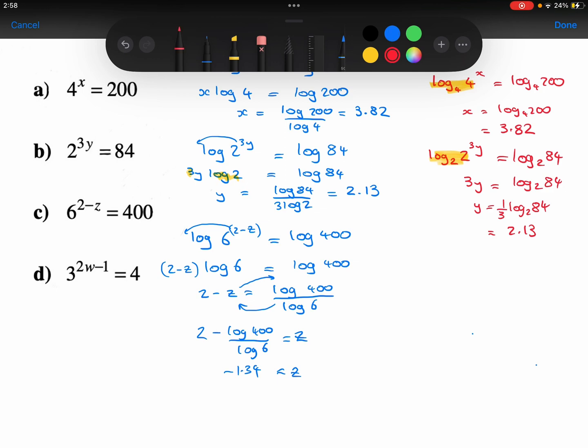Alternatively, on my calculator, I could have done log base 6 of both sides. These are inverse functions, so cancel out.